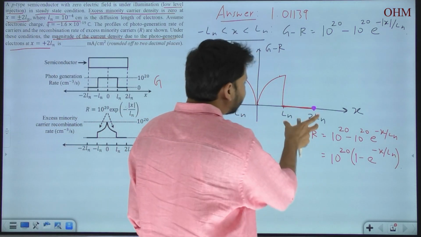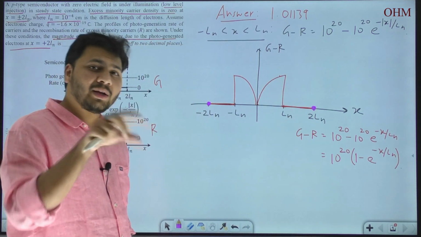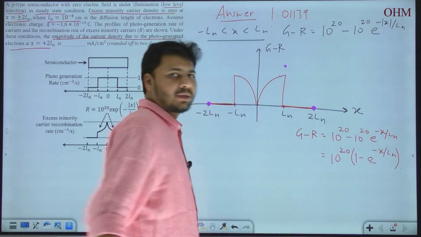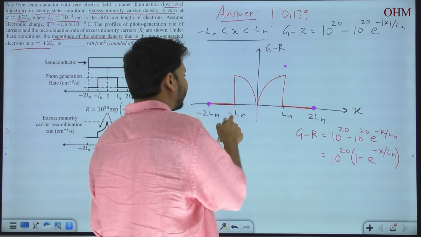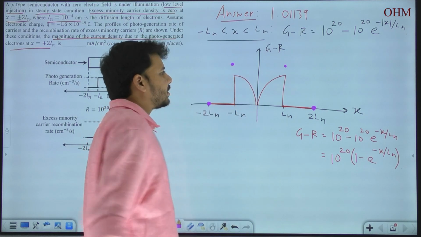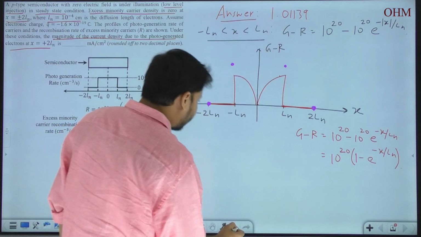And we already know that in this region, the minority carrier concentration varies linearly with distance. So here, let's say you got this many excess minority carriers. Again, because of symmetry, even at x equal to minus ln, you're going to have the same number of excess minority carriers. Let me slightly pull it down.